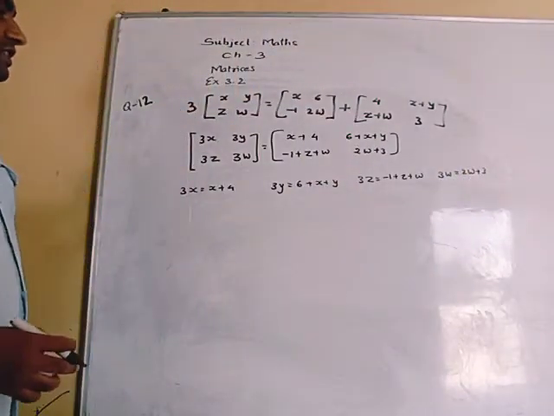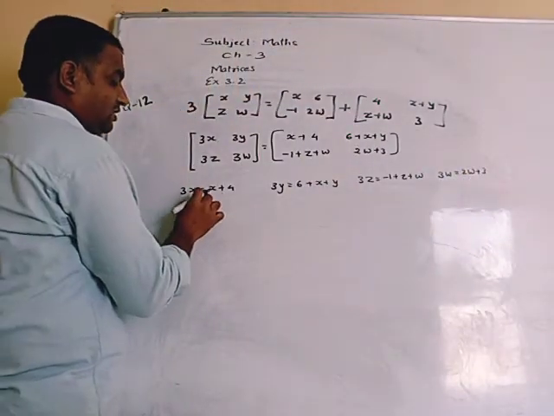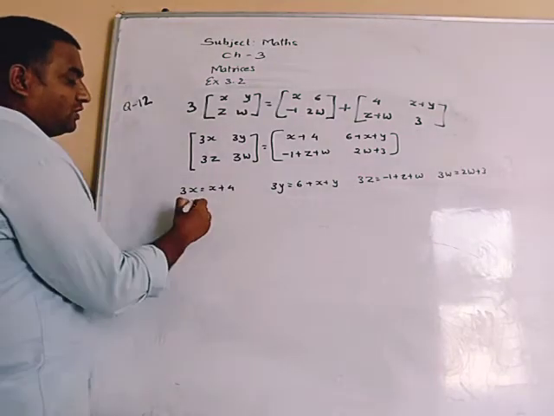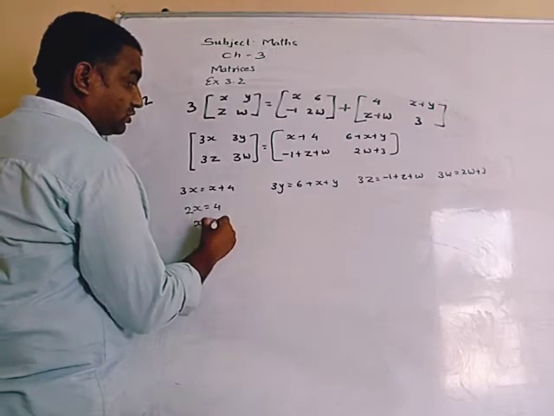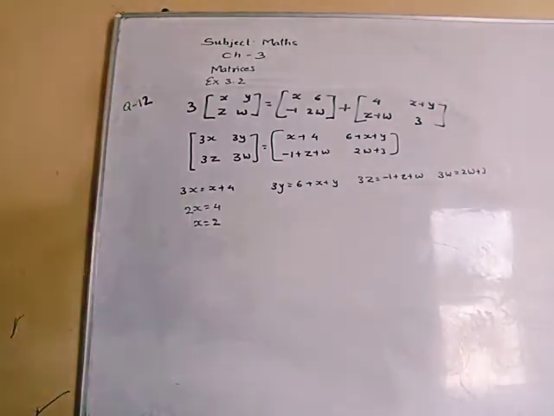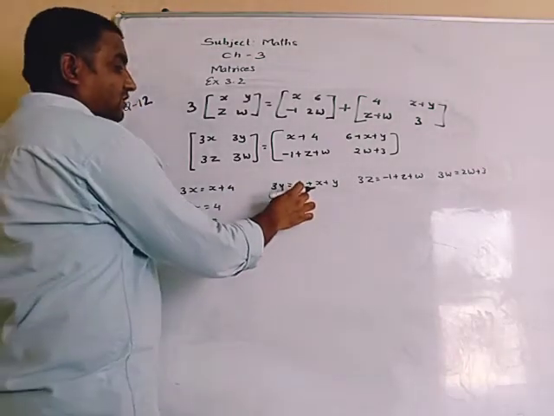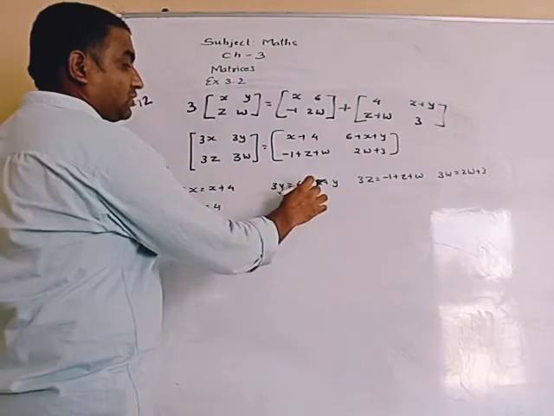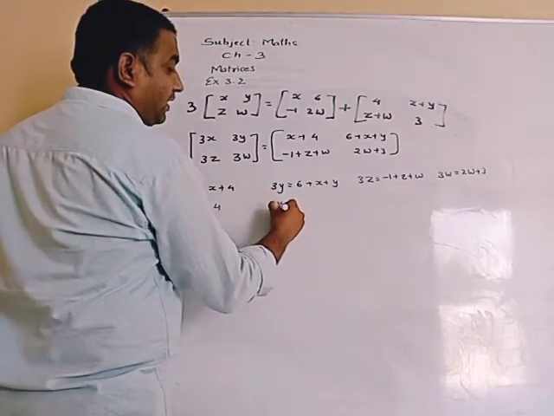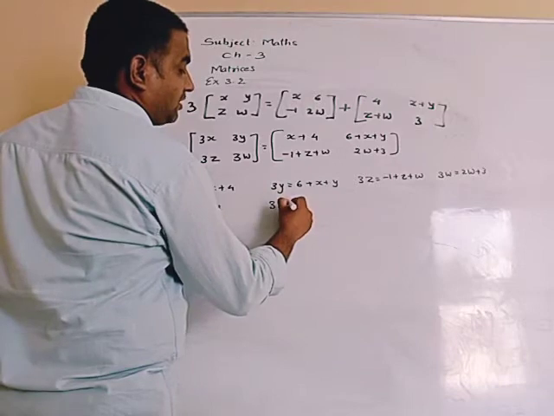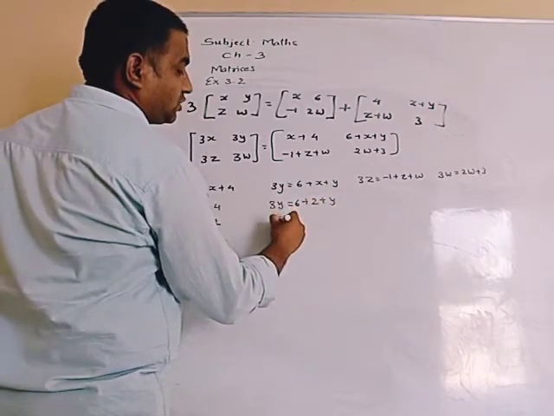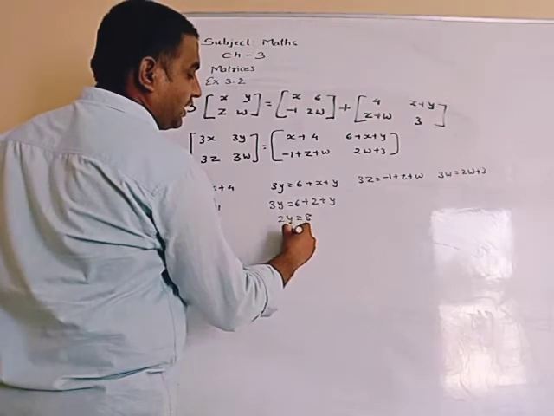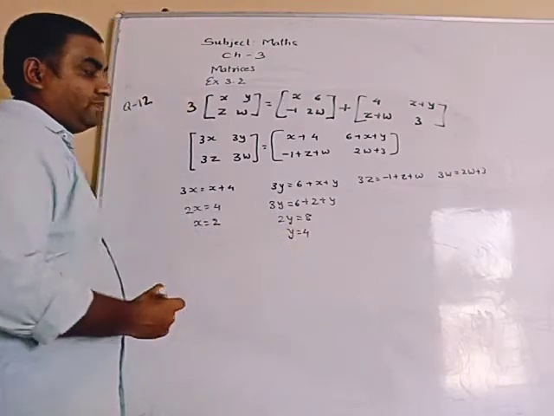First we solve 3x equals x plus 4. Then 2x equals 4, so x equals 2. Now we solve the next equation: substituting x equals 2, 3y equals 6 plus 2 plus y. So y comes to this side, 2y equals 8, so y equals 4.